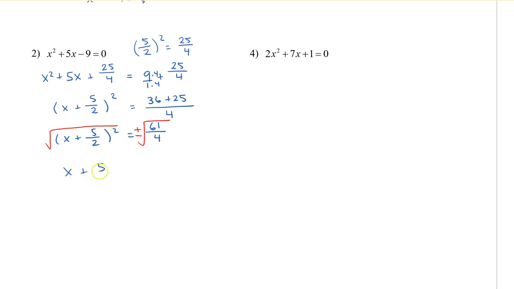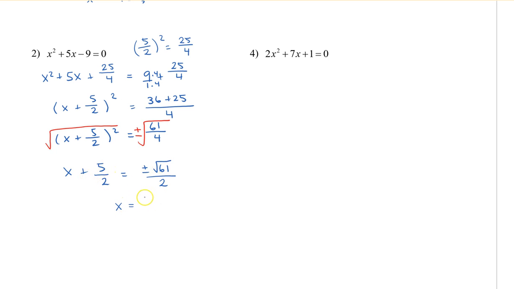So I get x plus 5 over 2 equals plus or minus root 61, which I cannot square root, but I can square root the 4 independently on the denominator. So that's going to be 2. Now, if you always do this correctly and properly, the left side and the right side will always have the same denominator, as long as you don't simplify the right side.